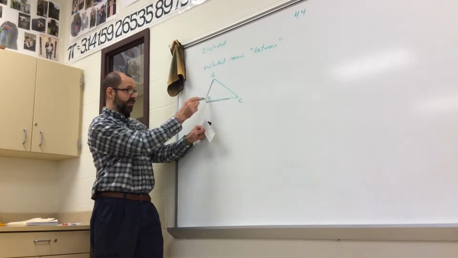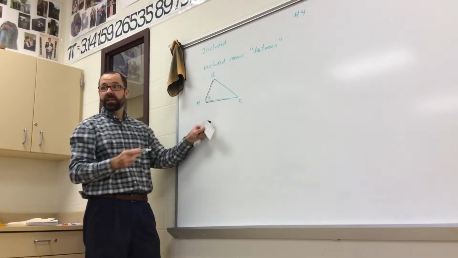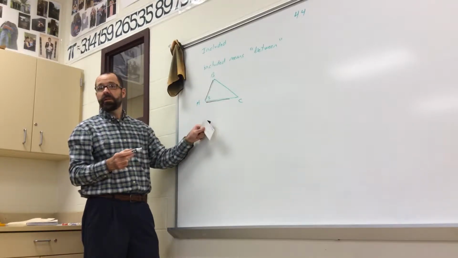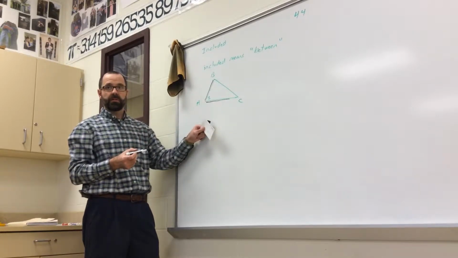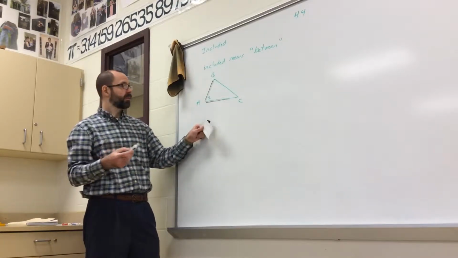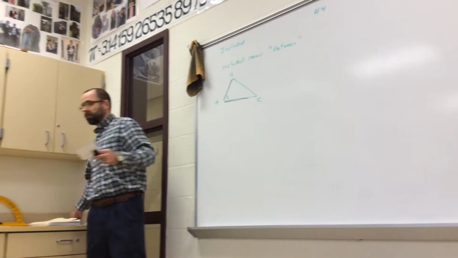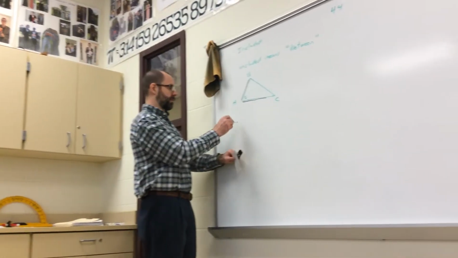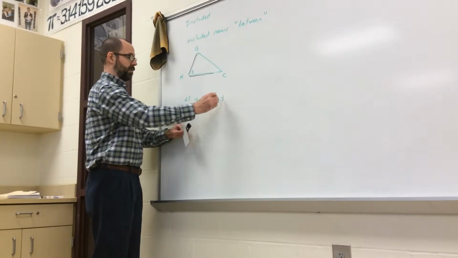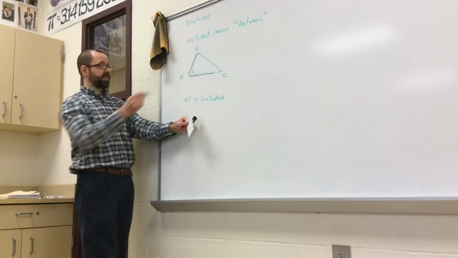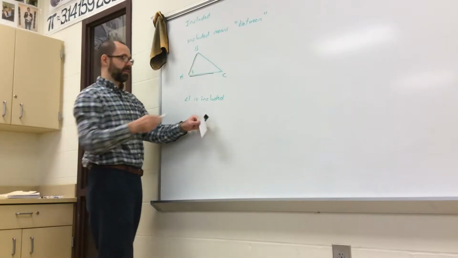You see how this angle is in between those two sides? So we say that angle 1 is included because it's in between. It's included if you're looking at side AB and side AC.